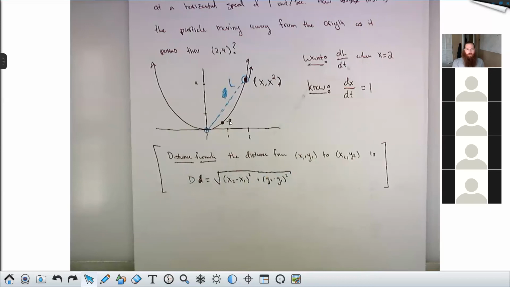So what I'm going to do is find a formula for L using this distance formula.